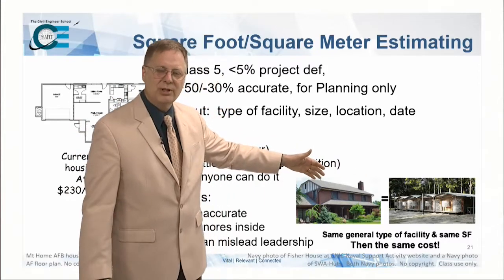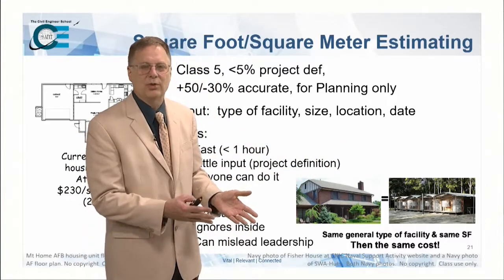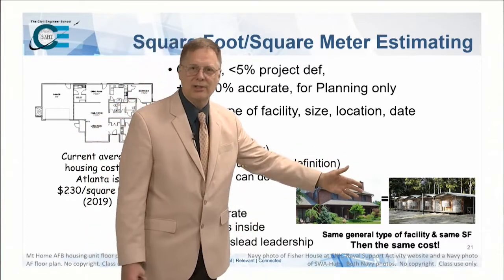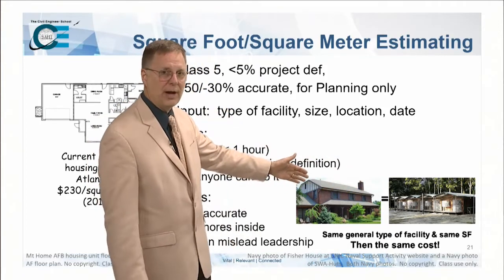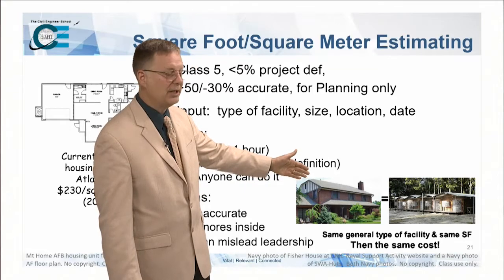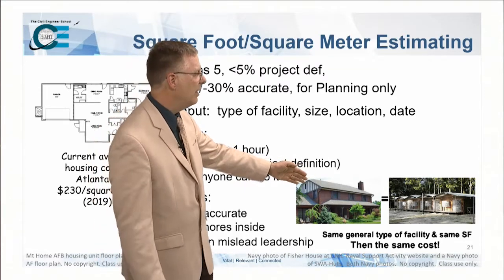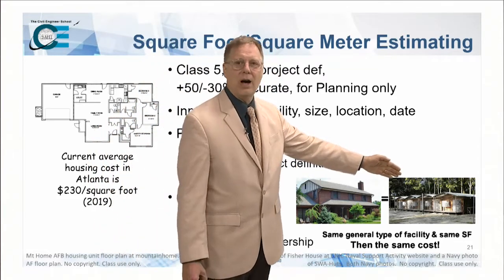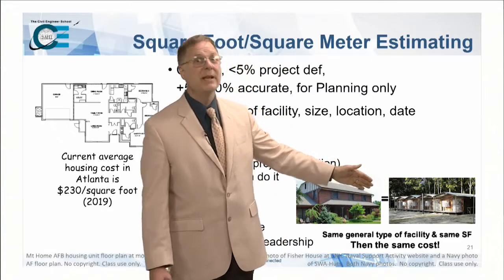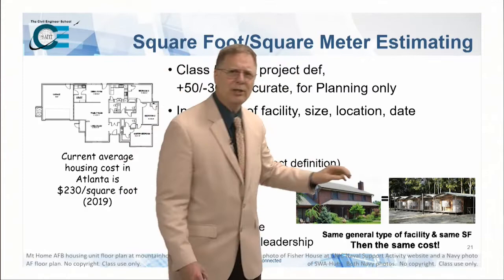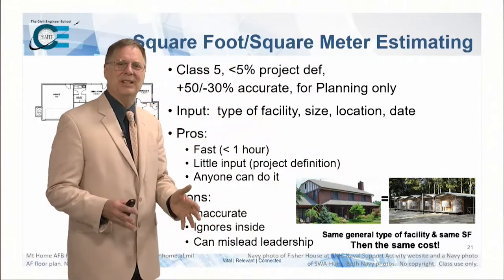And as a result, according to the estimating tools that we have, they would be the same cost if they were the same size. This one being a Fisher house, if you've ever been in a Fisher house, those things are incredibly gold-plated. And this one being a SWA hut, if you've ever been in either, and I've been in both, you know that they're not the same kind of facility.